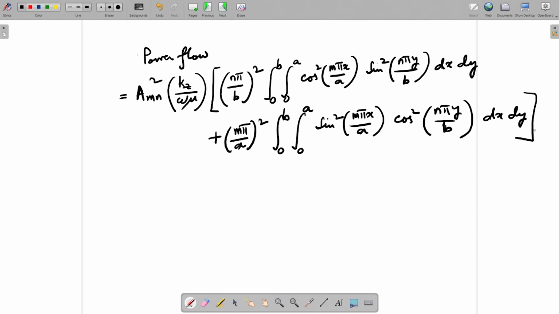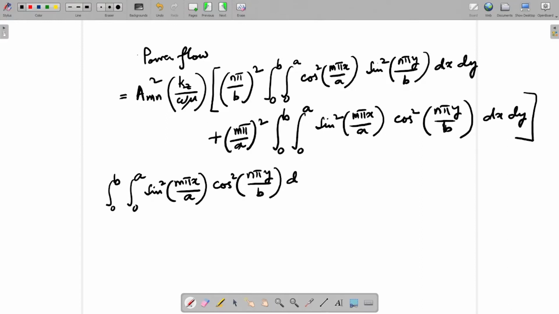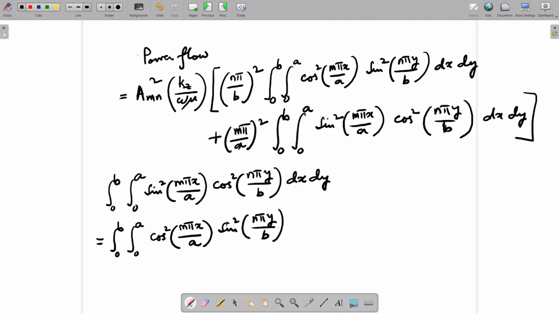Now, the value of these integrals are, please check yourself. 0 to b 0 to a sin square m pi x by a cos square n pi y by b dx dy is the same as 0 to b 0 to a cos square m pi x by a sin square n pi y by b dx dy.